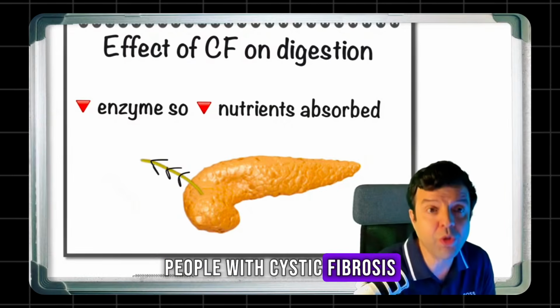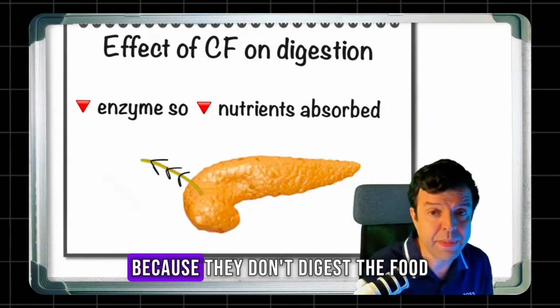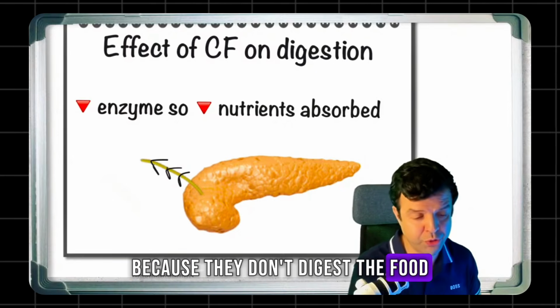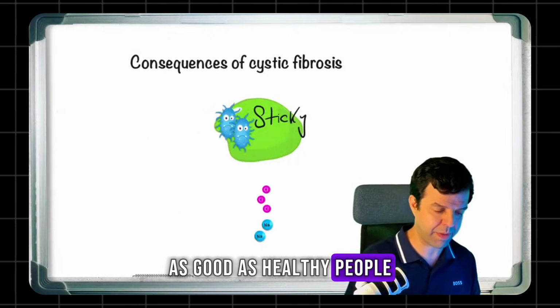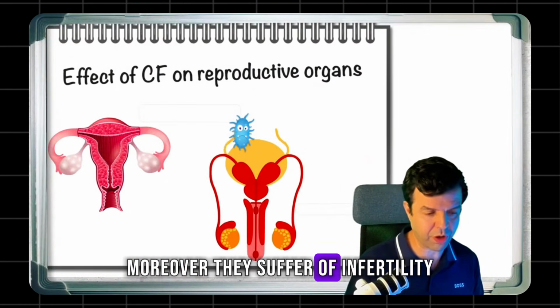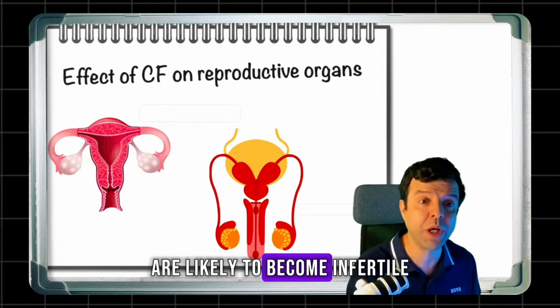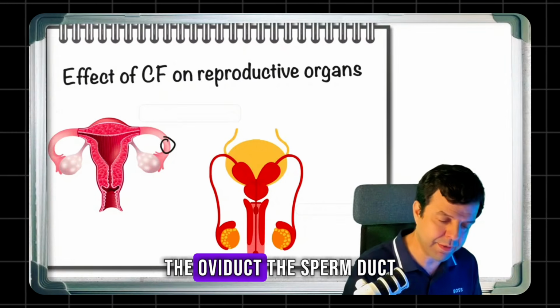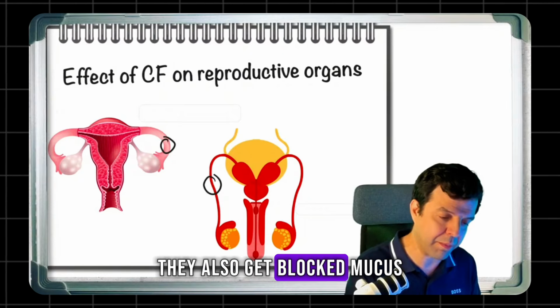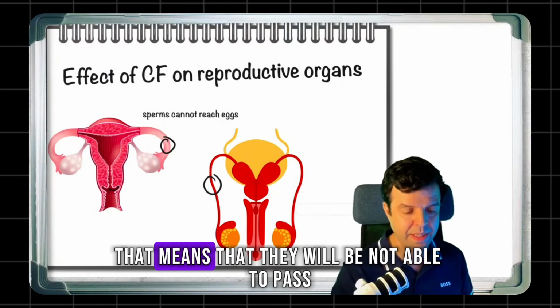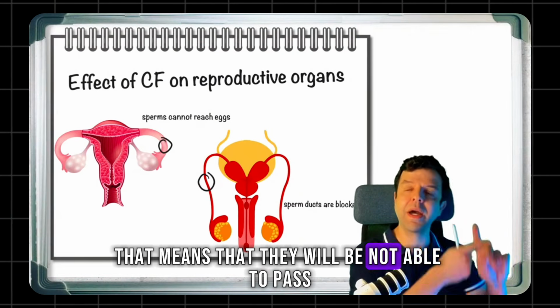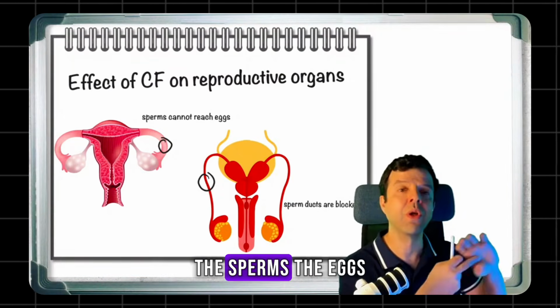People with cystic fibrosis would require supplements because they don't digest food as well as healthy people. Moreover, they suffer from infertility. Why are people with cystic fibrosis likely to become infertile? The oviduct, the sperm duct, they also get blocked with mucus. That means they will not be able to pass the sperms, the egg cells.